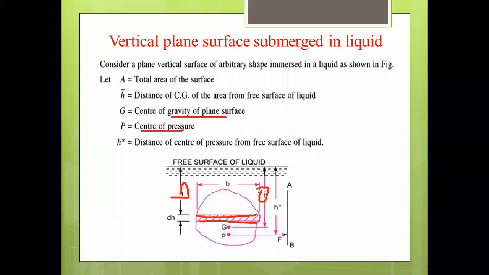H bar is the distance of the center of gravity from the free liquid surface, and H star is the distance of the center of pressure from the free liquid surface. Then we have considered the small strip which has thickness dh. Before starting any derivation, we should know all these things. This small b is the length of this particular strip.